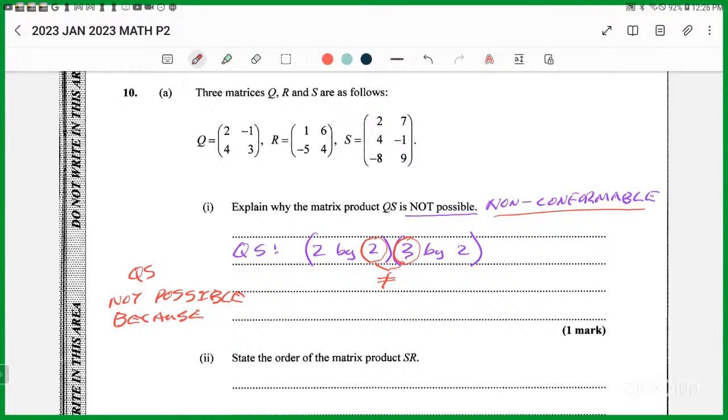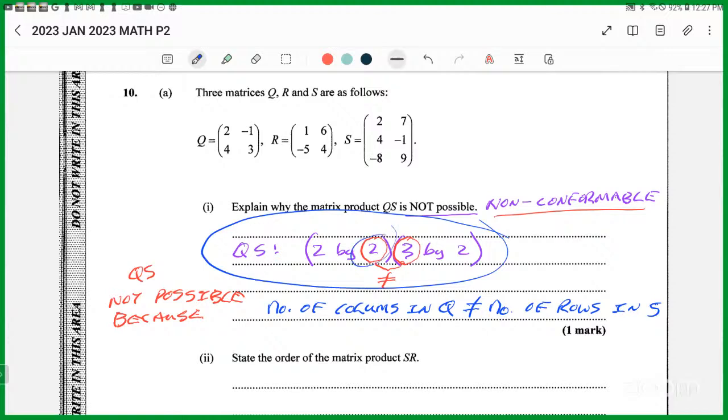let's write it here now. Put it in blue. Number of columns in Q, which is 2 of them, is not equal to number of rows in S. I have it in the diagram right here.